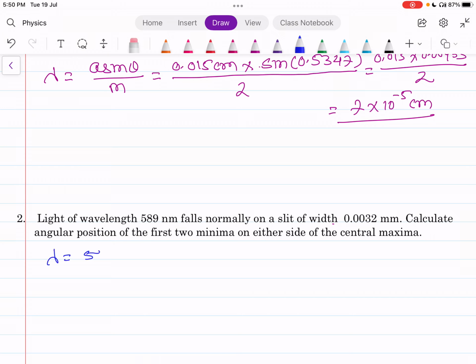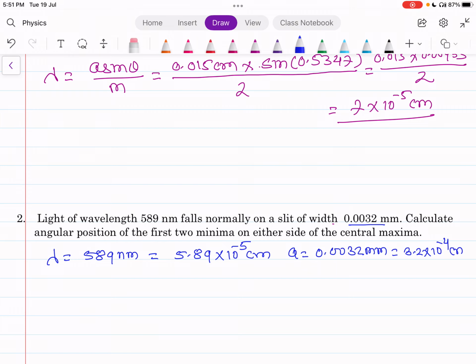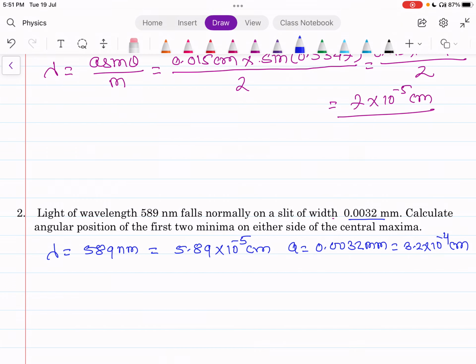Lambda is given, which is 589 nanometer, which is nothing but 5.89 into 10 raised to minus 5 centimeter. Slit width is given, a is 0.0032 millimeter. That is nothing but 3.2 into 10 raised to minus 4 centimeter. So these are the given.